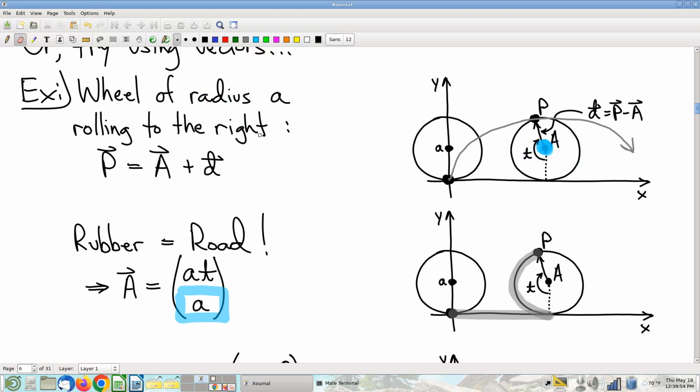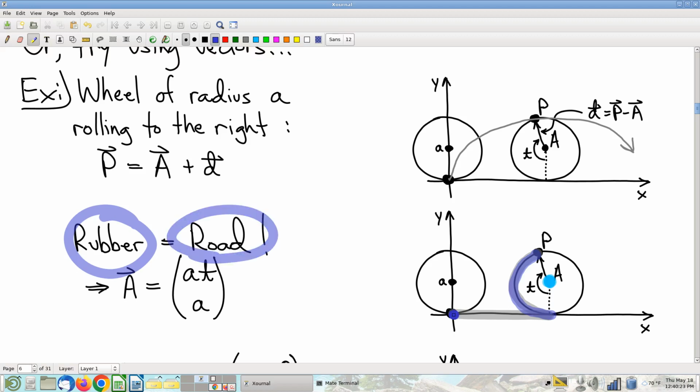All right. Now, next thing I'm going to observe, and this is a little tricky. This is a key insight. This is just about the way wheels roll. Okay, so the amount of rubber that has touched road has to equal the amount of road that has touched rubber. Does that make sense to everybody?